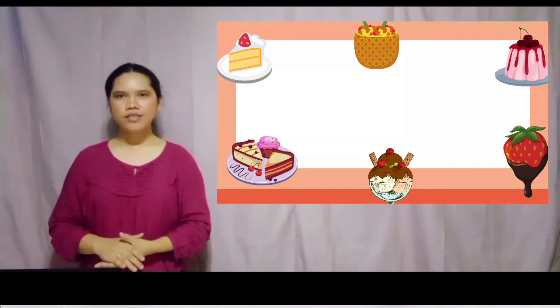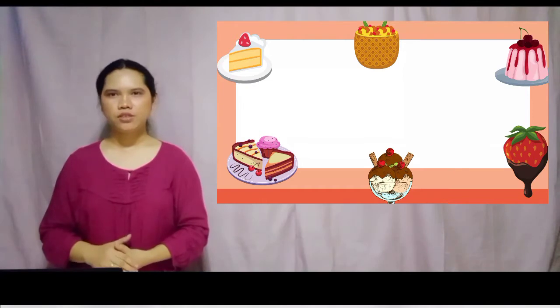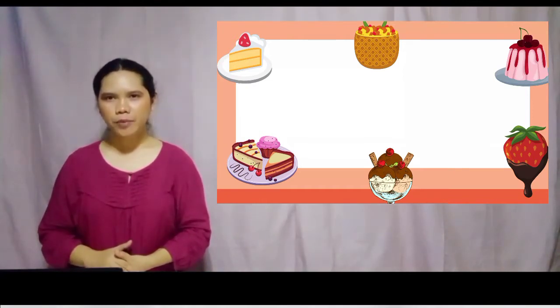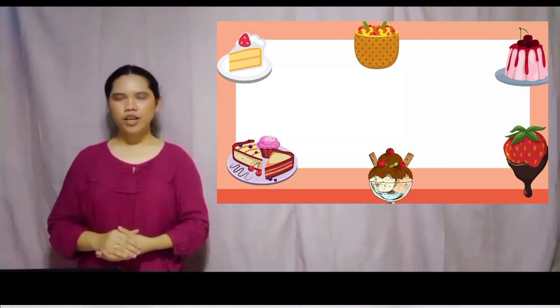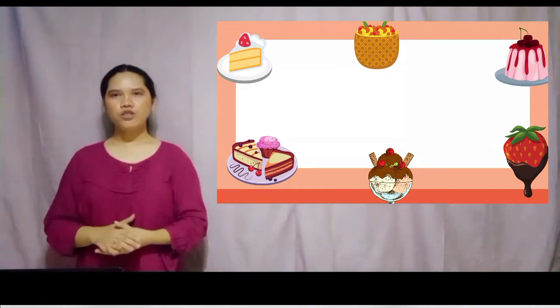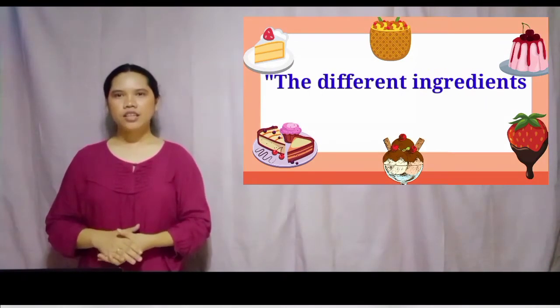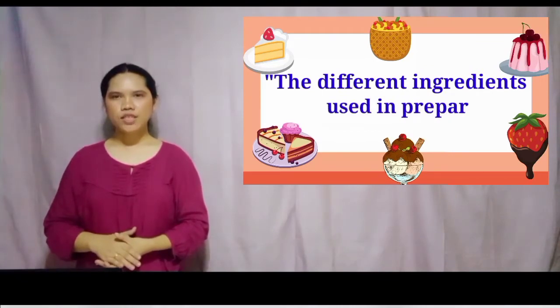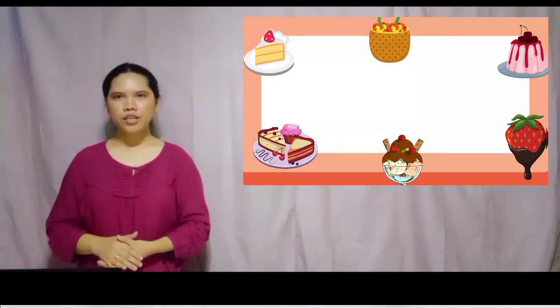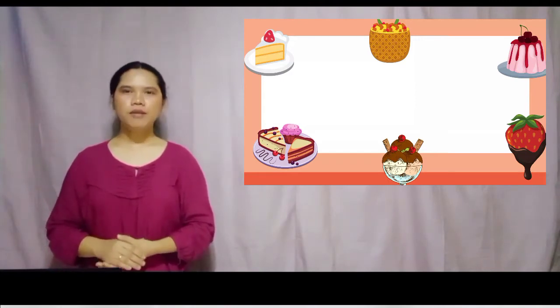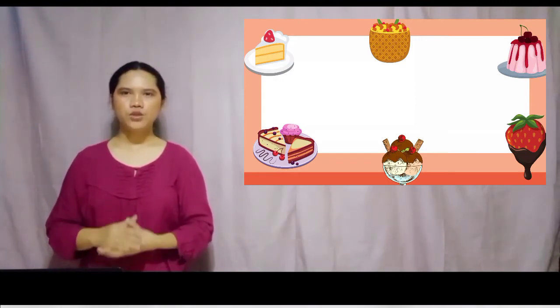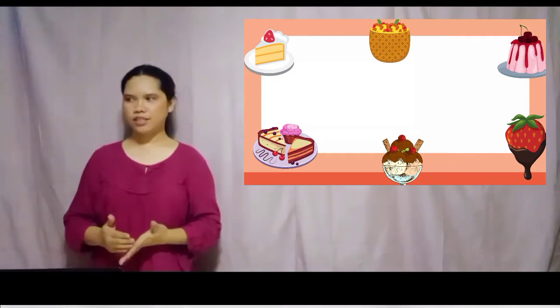Aside from the tools and equipment used in preparing desserts, what was our topic last meeting? Okay, Ayumi. The different ingredients used in preparing desserts. Can you give an example of ingredients used in preparing desserts?